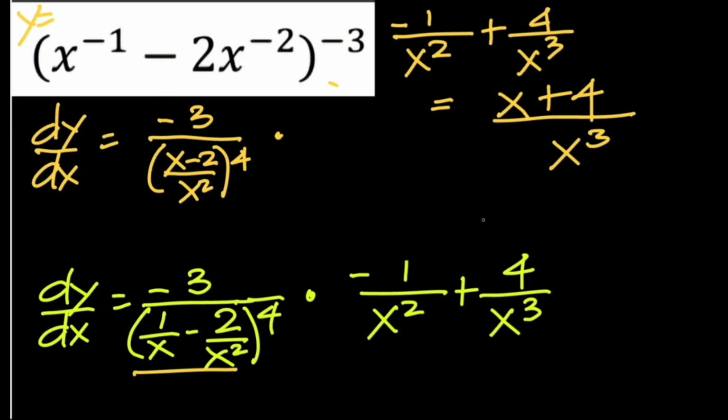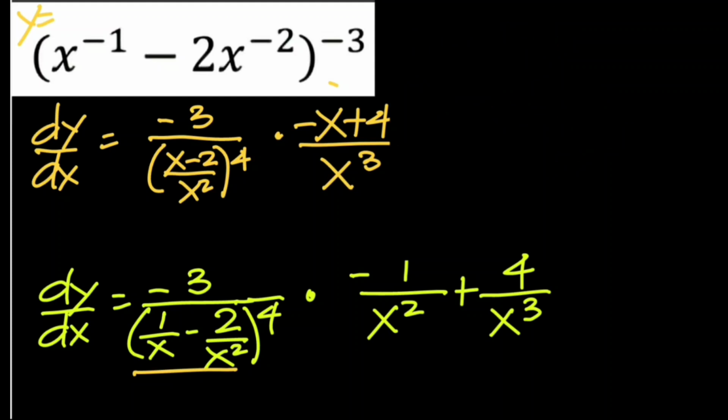So this is just negative x, since x cubed divided by x squared is x times negative 1 is negative x. So this is negative x plus 4 over x cubed. All right, and then we simplify everything.